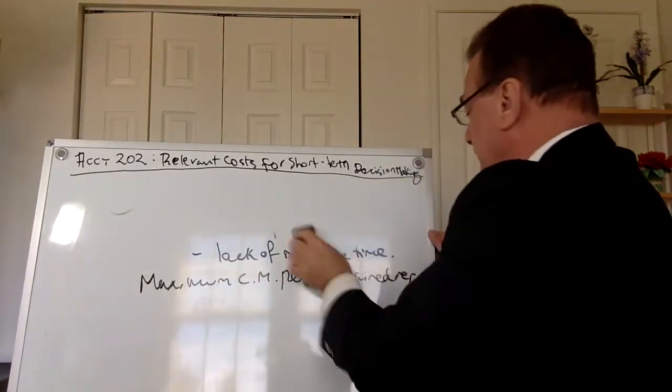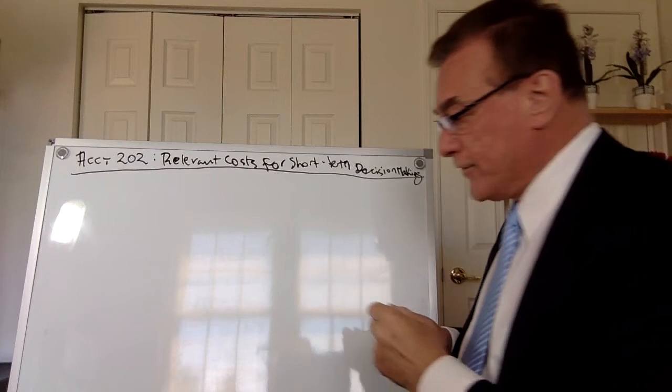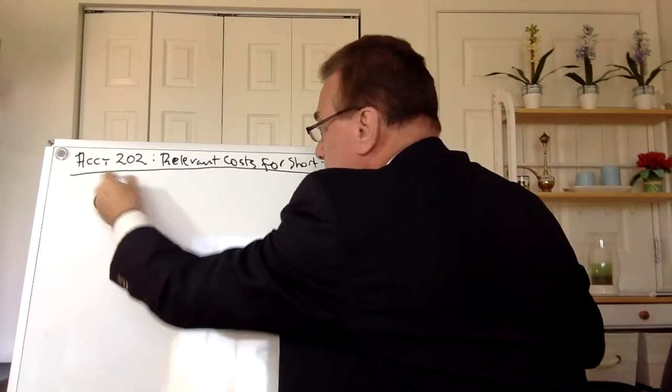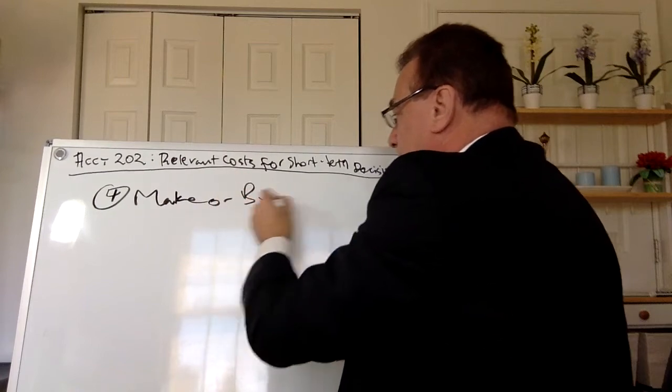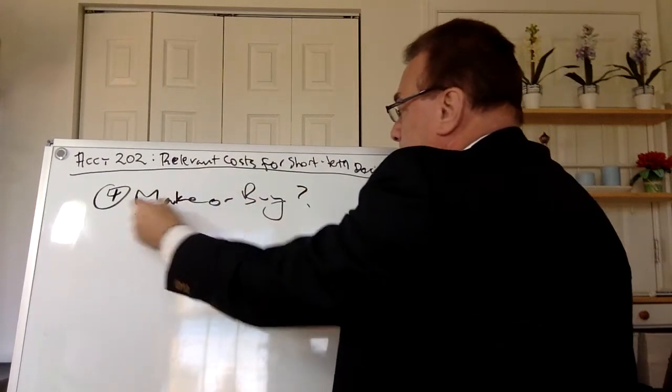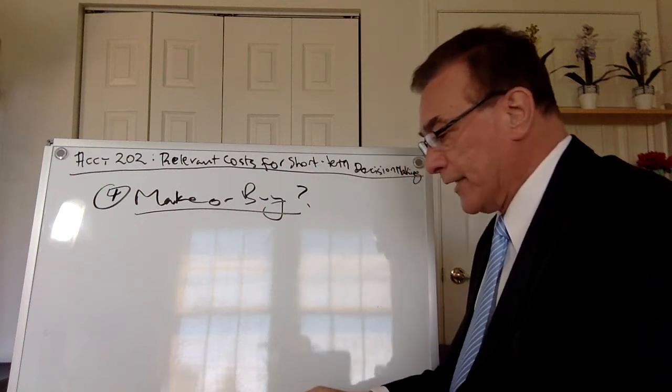Number 4 of our 5 topics: make or buy. A business might make a component for their product.